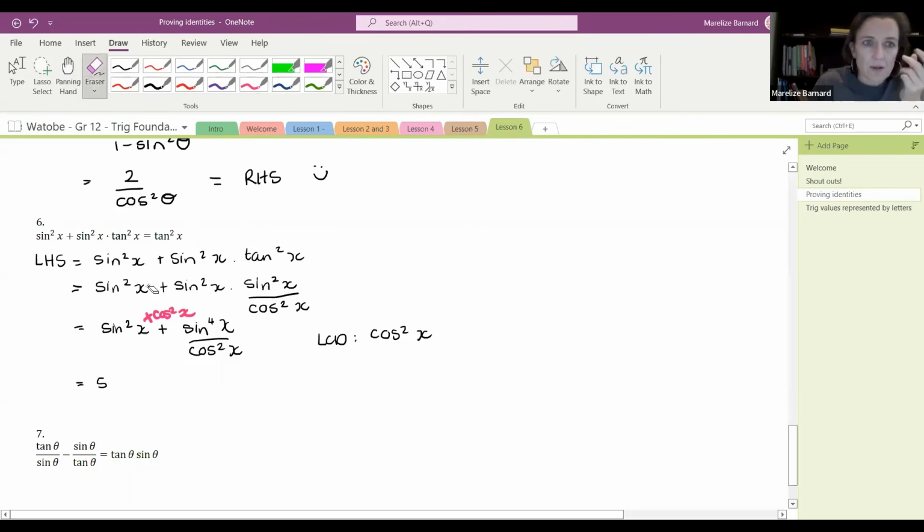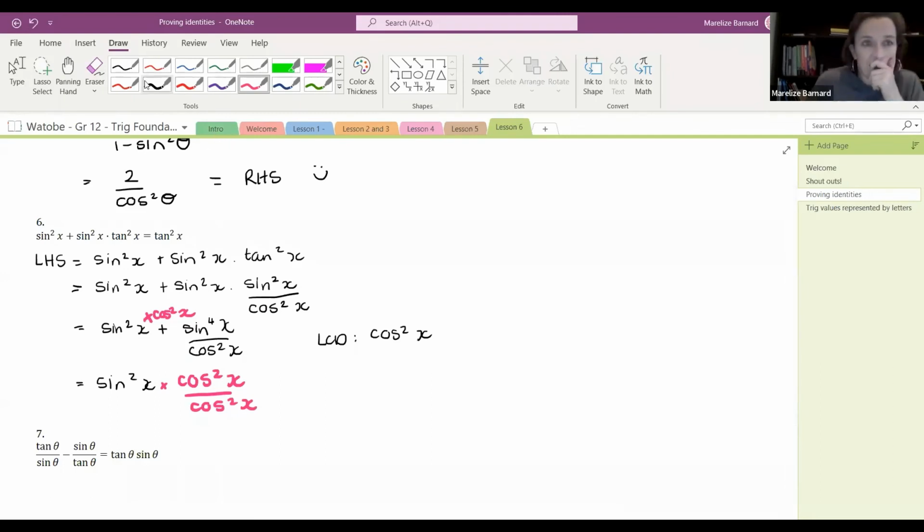Let me write that out properly because there's not enough space. So sine squared x times by cos squared x over cos squared x. So we're just making the denominators the same.